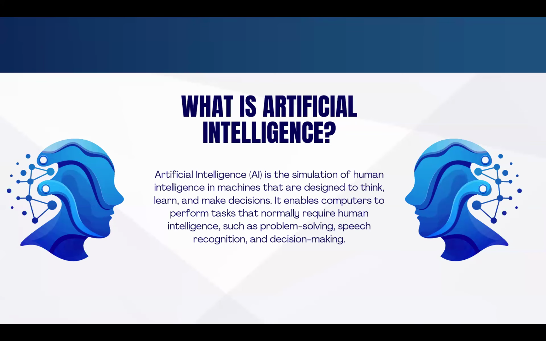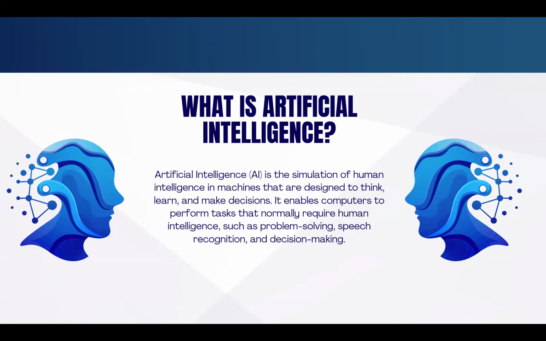Now, foremost thing, what is artificial intelligence? Artificial intelligence is the simulation of human intelligence in machines. Like how we think, we make our machines think in that way. It will think, it will learn, and it will make decisions for you. It enables a computer to perform tasks like our human intelligence.